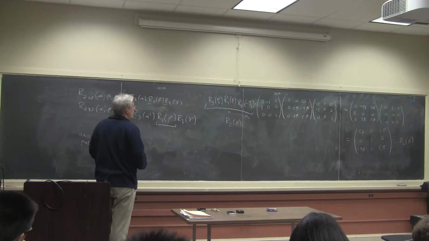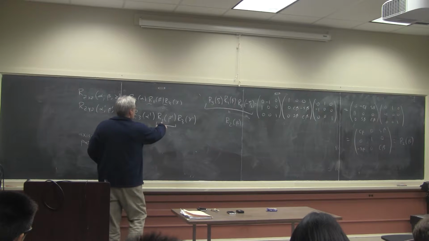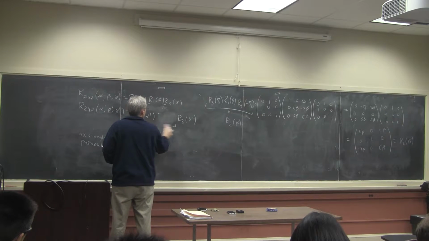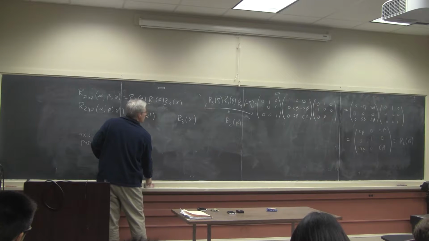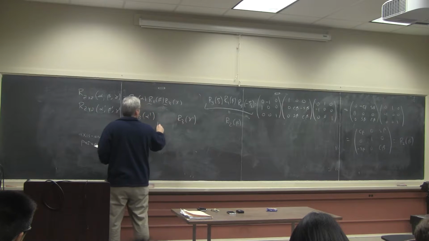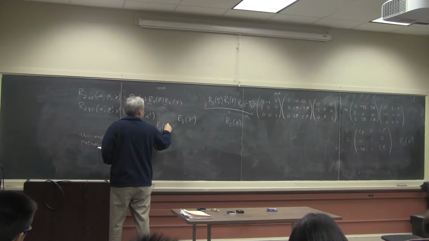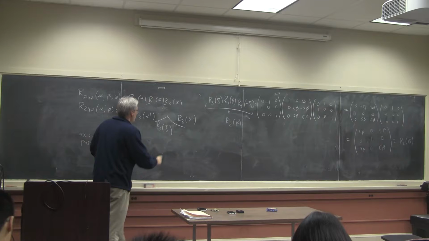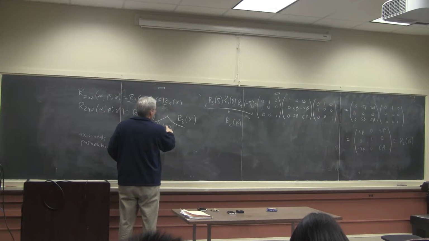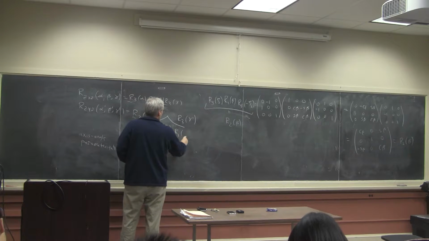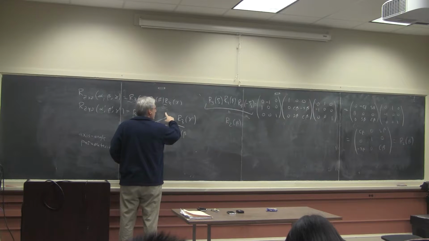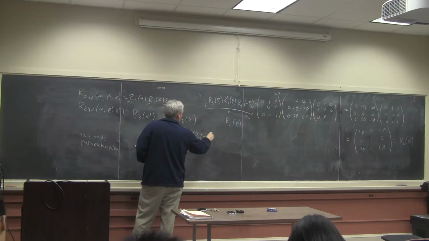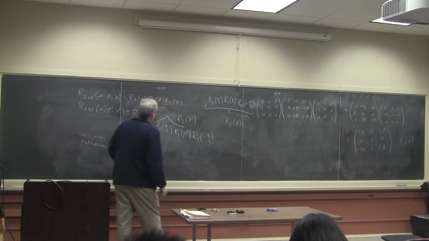So if I have an R2 of beta prime in here, then I can rewrite that using that formula right there as R3 of pi over 2, we'll squeeze that in there, R3 of pi over 2, R1, now this was a beta prime here, so this has to be a beta prime, R3 minus pi over 2.